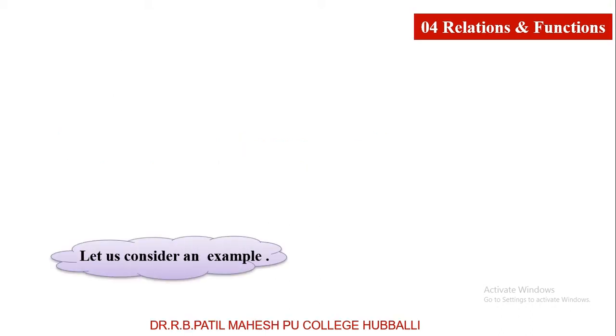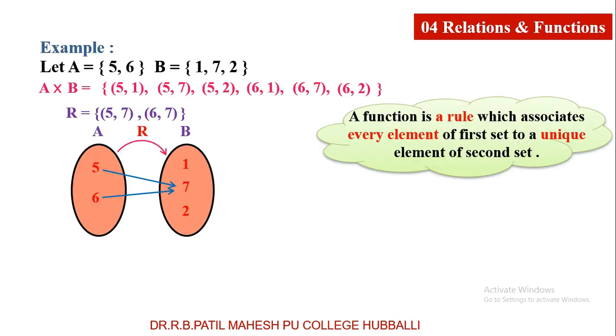Let us consider an example. Dear students, you can see the set A is {5, 6} and the set B is {1, 7, 2}. Write its A cross B: (5,1), (5,7), (5,2), (6,1), (6,7), (6,2). Hope you know the Cartesian product of A and B. Now I am taking one relation consisting of the ordered pairs (5,7) and (6,7), and its arrow diagram.